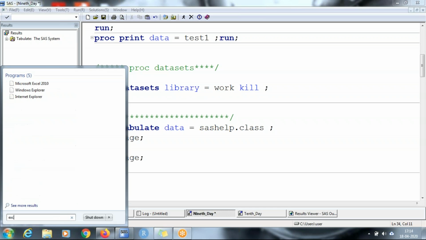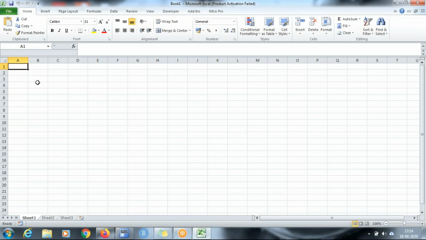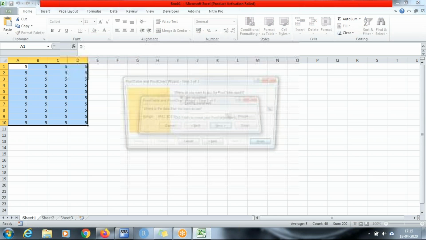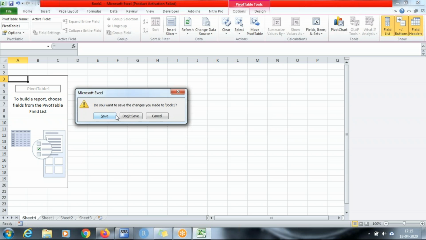Let me check that window. Yes, it's the values. So I'm talking about this particular column. If you put any numerical variable over here, this will show you a sum. Otherwise, it will show you count for text data.